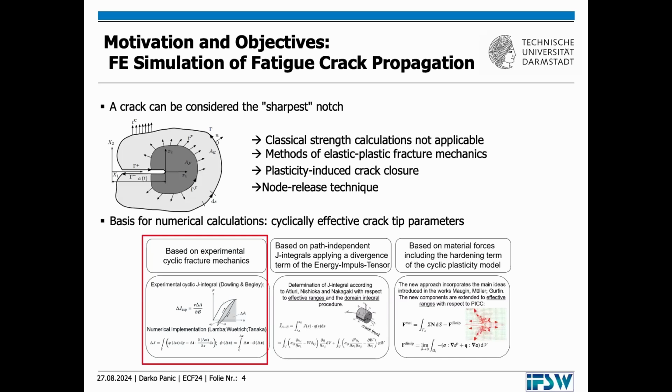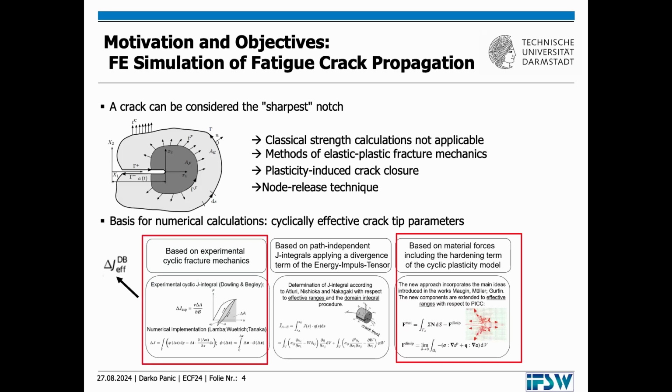In the middle, we see the path independent definition according to Atluri and others. And increasingly, we are seeing the variant on the right side involving configurational forces or material forces, in this work I present today. I have implemented the method on the left and the method using material forces, comparing them with each other and against experimental results.